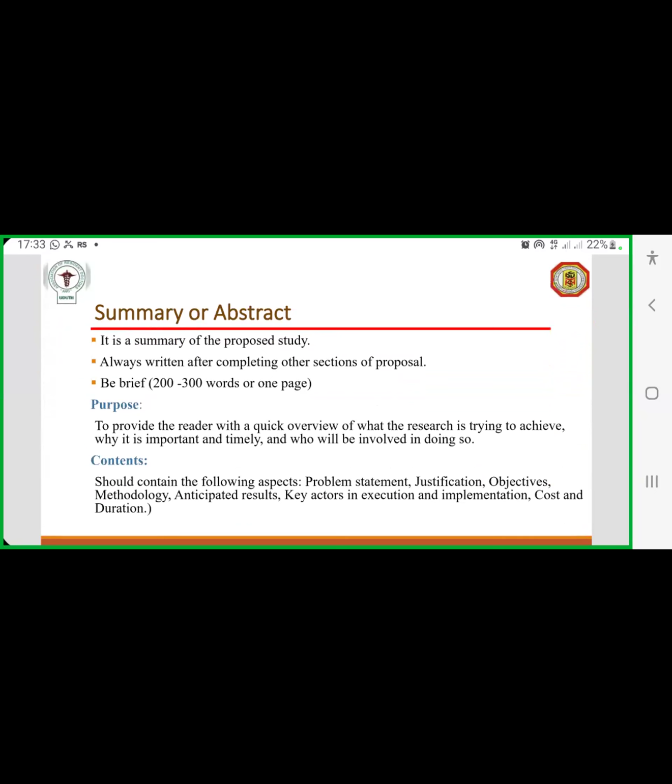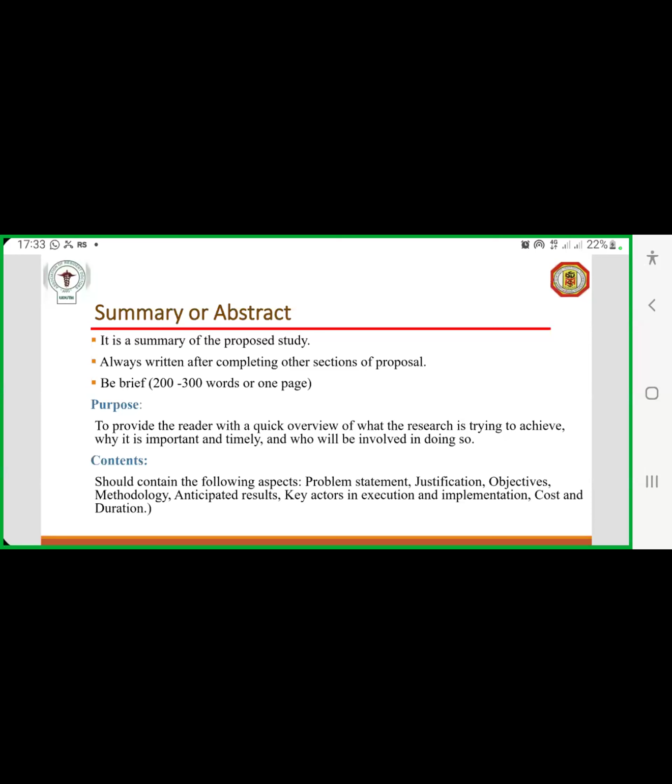Your abstract should be very concise, and it should include the background of the study, the aim of the study, and the methodology, summarized in a concise manner.